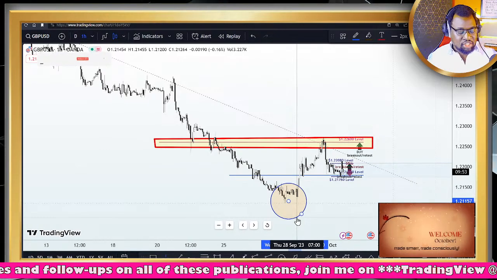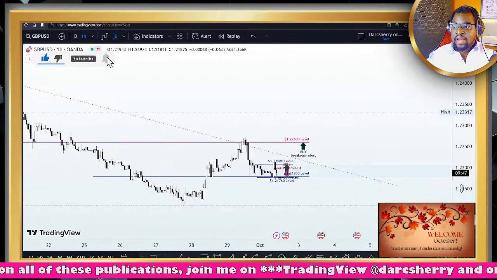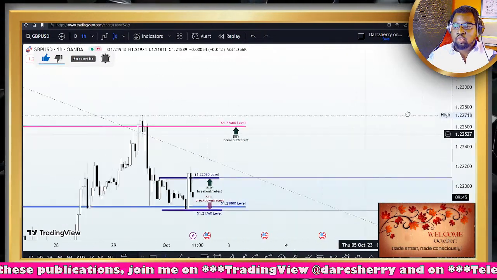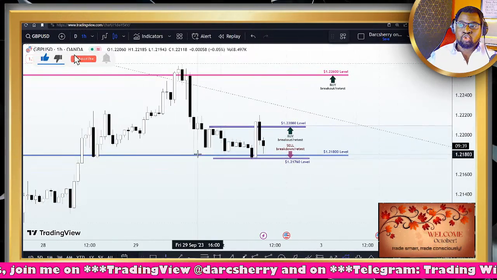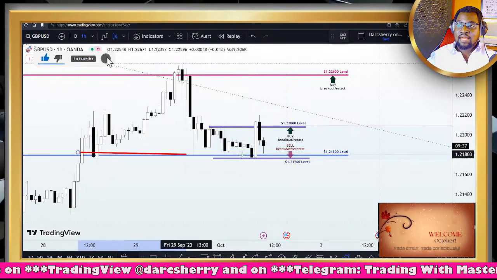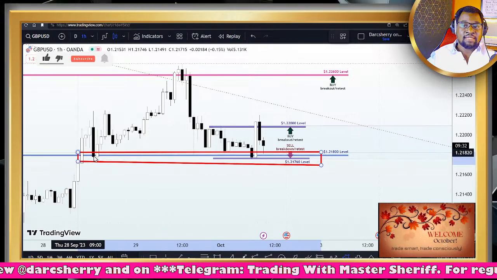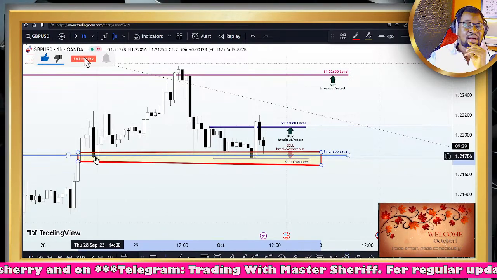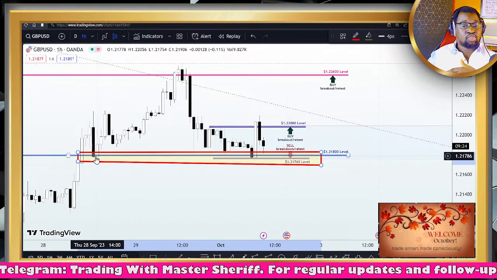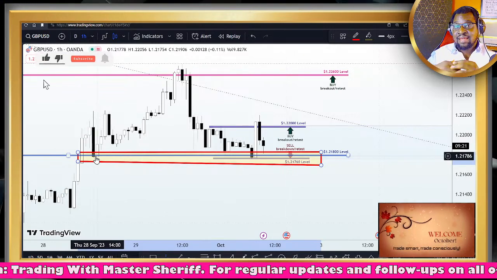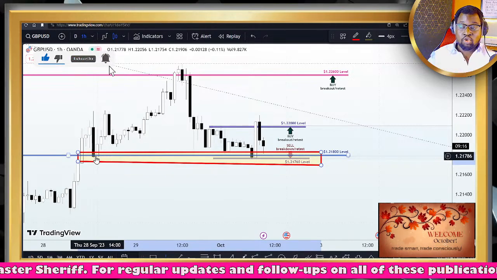Now, with this observation, what I did at this juncture was to zoom right into this current structure, as you will see right here, as we have seen how that area between the 1.21800 level and the 1.21760 had played a major role in determining buying opportunities in this market throughout the second half of last week. The inability of sellers to break through the structure for me is a sign that sellers might be losing momentum at some point.